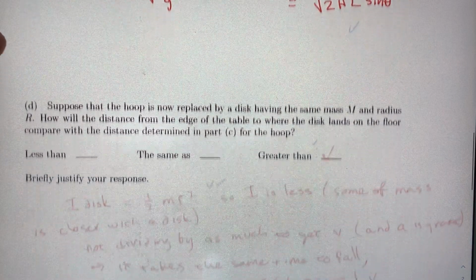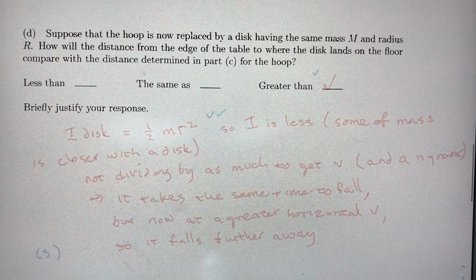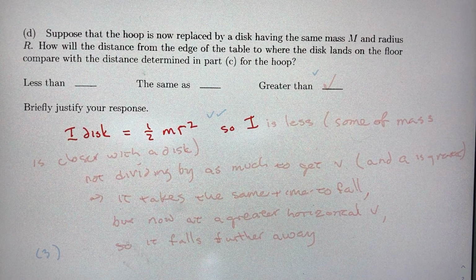If you replace the hoop with a disc, what will happen? The disc, okay, so if you have a disc rather than a hoop, the I is less because more of the mass is concentrated closer to the center.